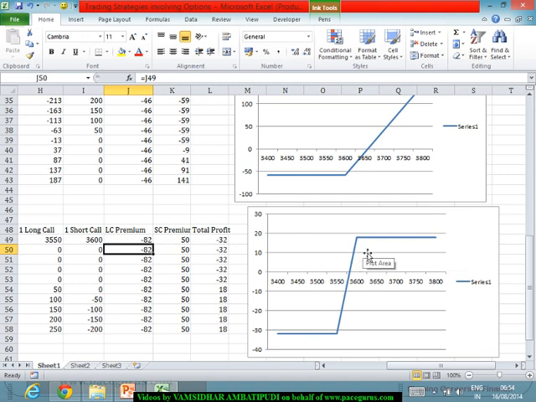But at the same time, I want to protect myself against the downside, because if the stock price goes down, I'm going to lose 82 bucks, which is going to be significant. I wanted to minimize that loss by getting into a short call wherein I'm able to collect a premium of 50 bucks, and reduce my overall downside position altogether.